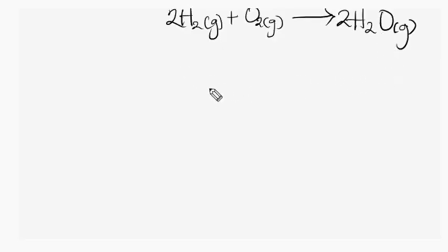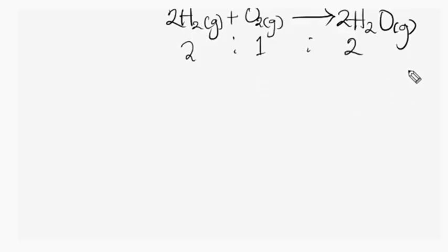So guys, having written this equation of the reaction, the next thing we are going to do is to state out the ratio here. So this is in the ratio 2:1:2. So guys, having stated the ratio here, we have to understand the combining volumes.